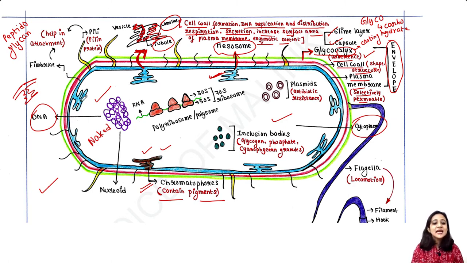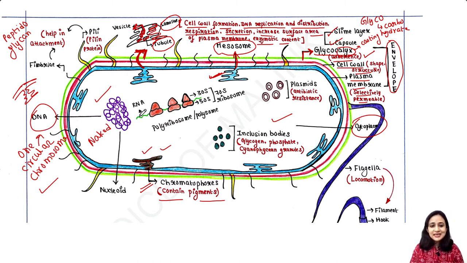And this DNA is not wrapped in histone, unlike eukaryotic cells. And these are circular chromosomes. So the bacterial cell contains only one circular chromosome or DNA.